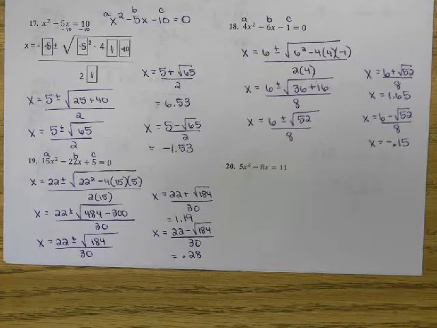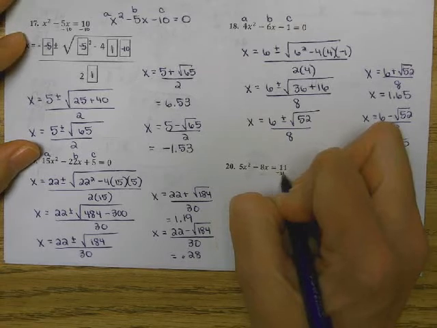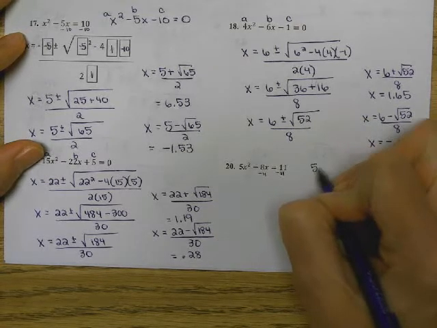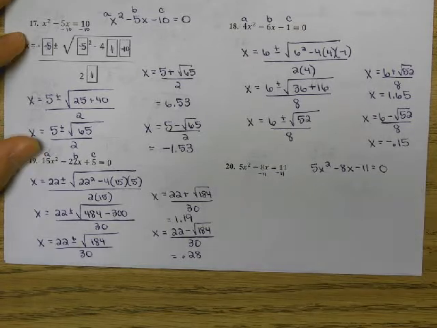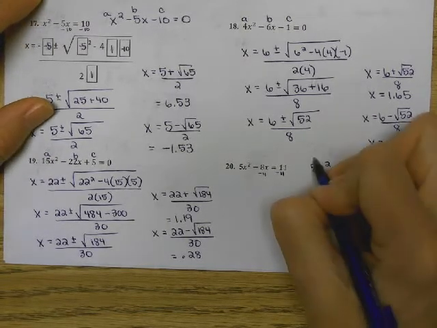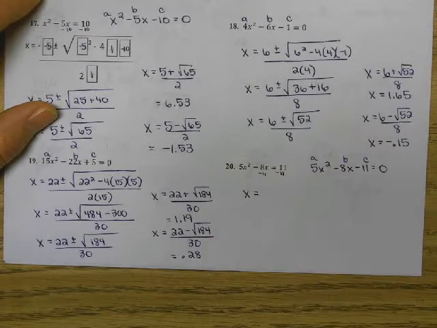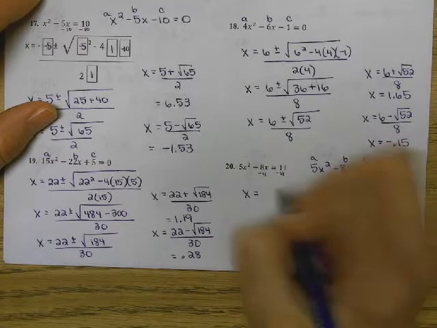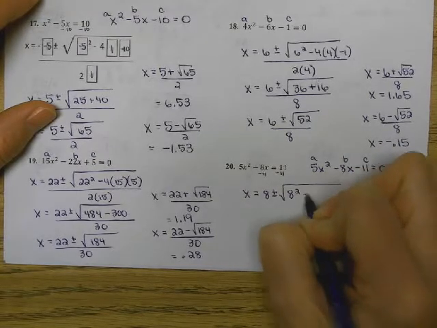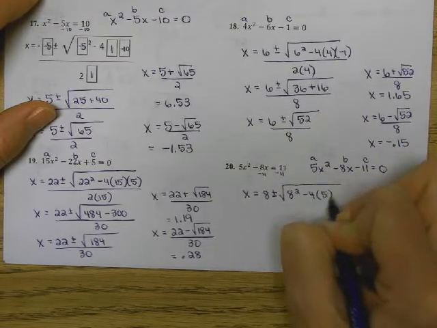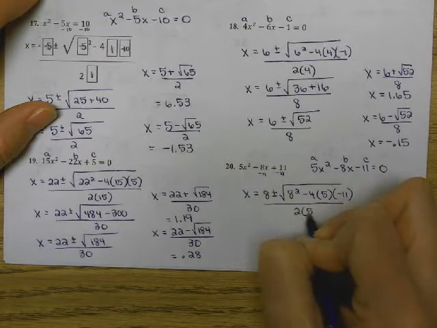All right, on 20, I have 5x squared minus 8x equals 11. So again, it doesn't equal 0, so the first thing I need to do is move that 11 over. So 5x squared minus 8x minus 11 equals 0. Now I can do a, b, and c. So x equals negative b, but b is already negative 8, so 8 plus or minus the square root, 8 squared, minus 4 times a, c, all of that divided by 2 times a.